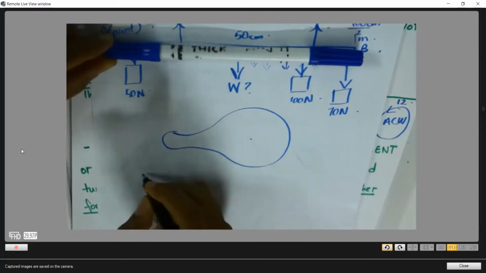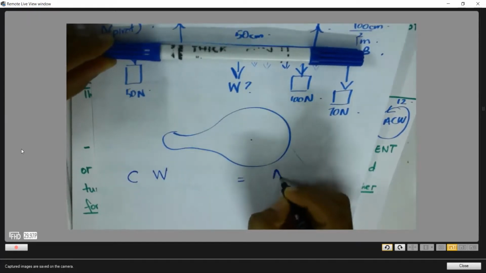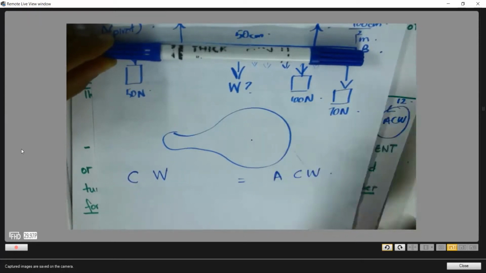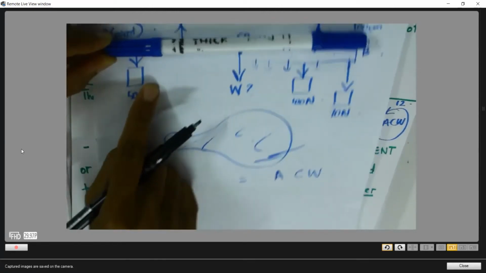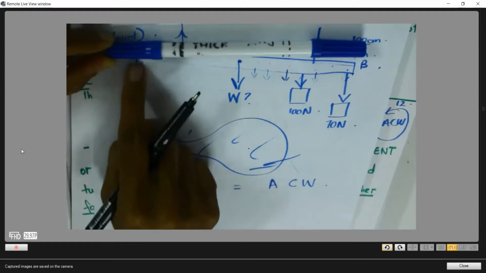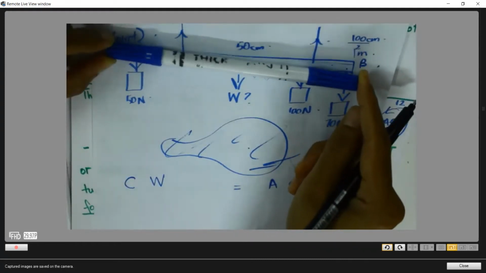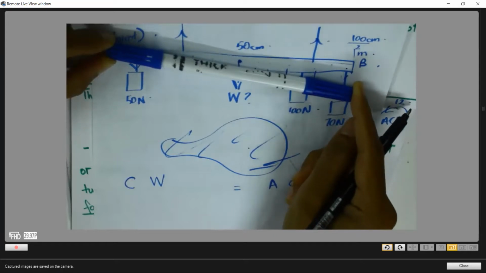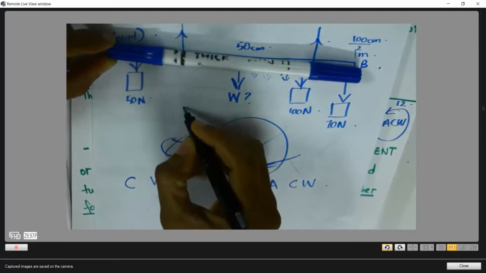And I will write down clockwise. I'm just writing CW for clockwise, anti-clockwise, ACW. Okay, ignore this. Okay, so now considering this force. What is this force doing? Moving it downwards, right? So am I going clockwise or anti-clockwise? I will draw a clock as well here.